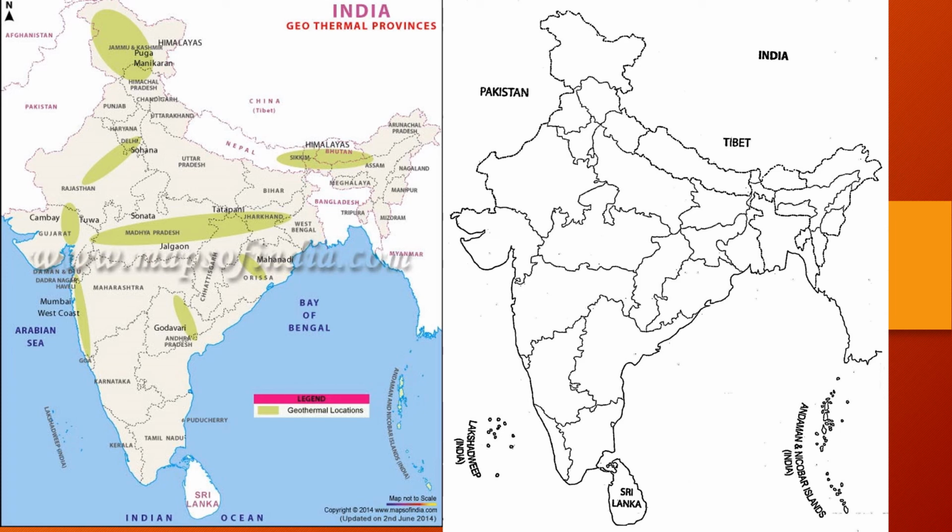And some of the geothermal locations in India are these regions. For the other plants we saw some particular places and marked the names of the plants, but these are some regions. We do not have a perfect place for this.